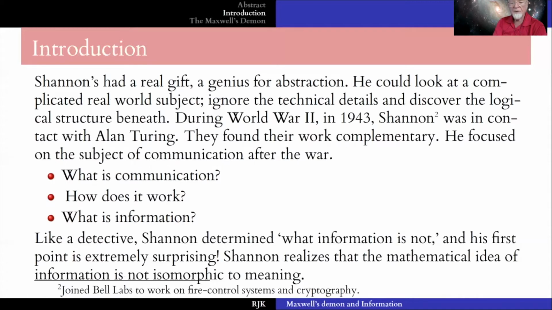During World War II in 1943, Shannon was in contact with Alan Turing. Actually, he had been in contact with Turing in 1941, but Turing was in London while Shannon was at Bell Labs.